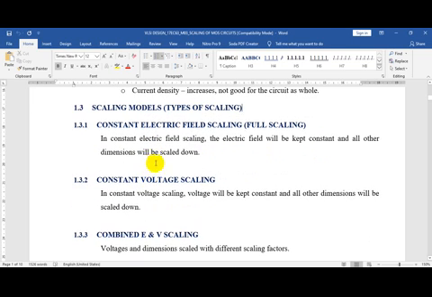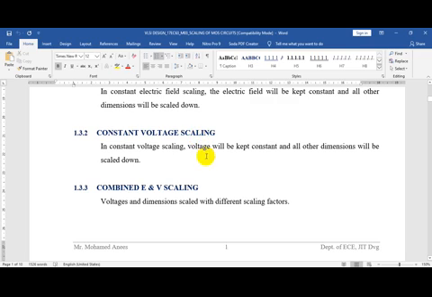Now, coming to the scaling models, we have basically only two: constant electric field scaling and constant voltage scaling. In constant electric field scaling, the electric field is constant and all other parameters are scaled down. Whereas in constant voltage scaling, the voltage is kept constant and all other parameters are scaled down.